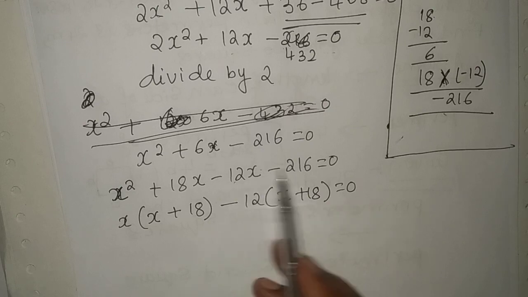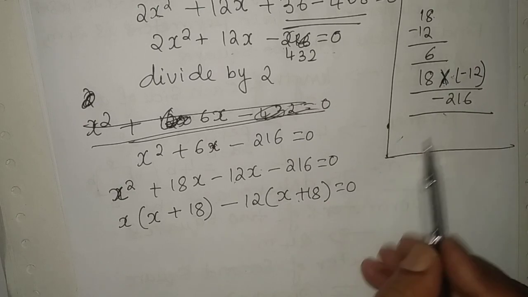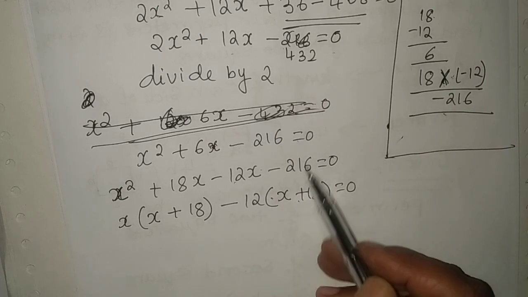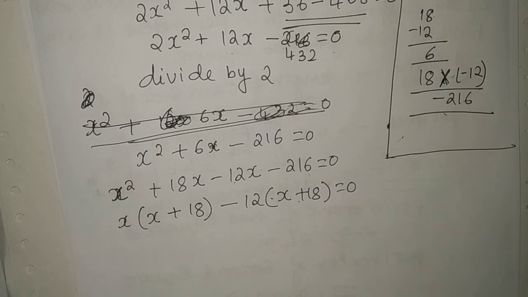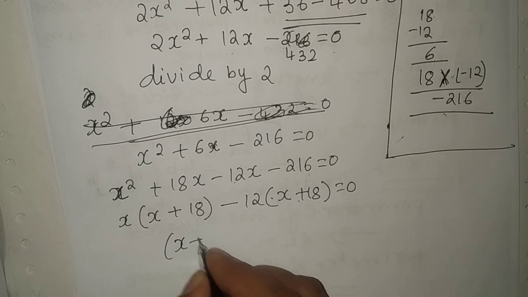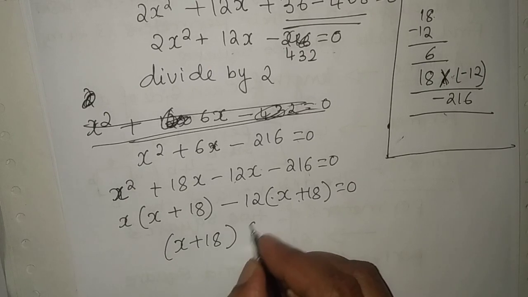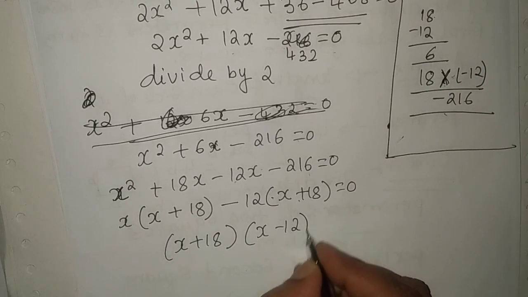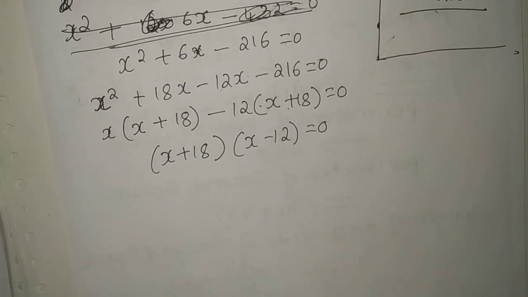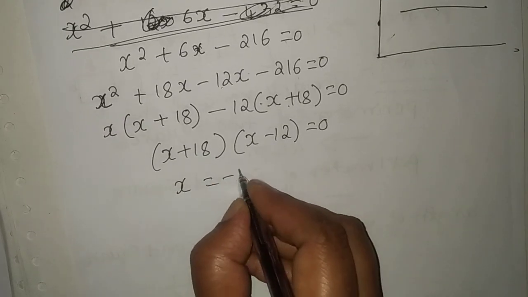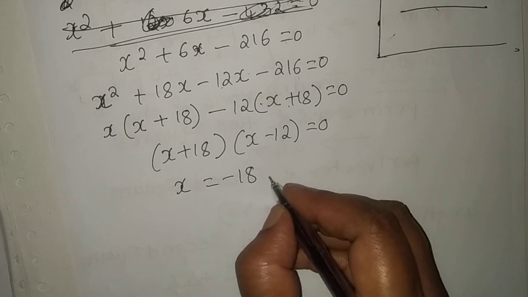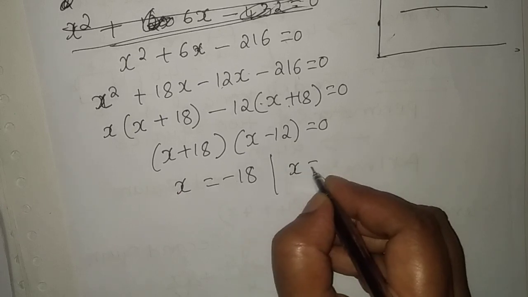Then take x plus 18 and x minus 12 is equal to 0. Finally we get x is equal to minus 18 and x is equal to plus 12.